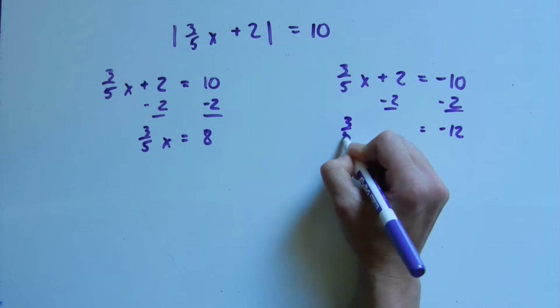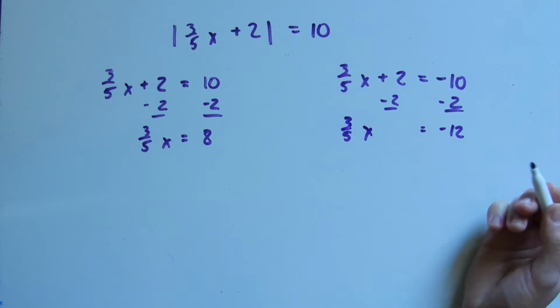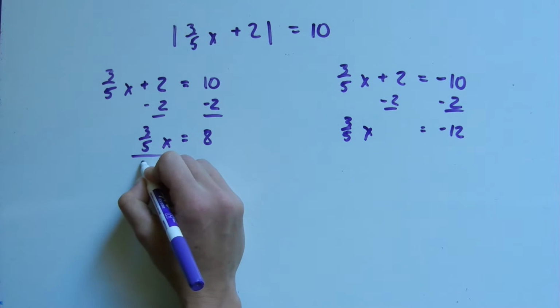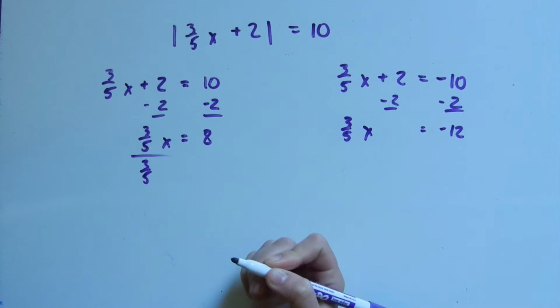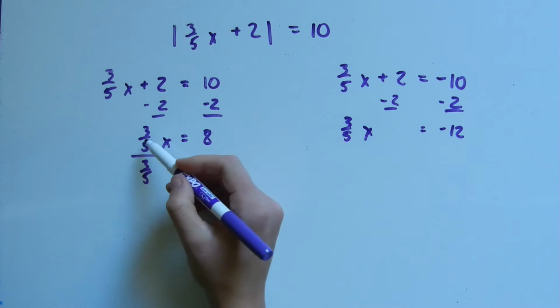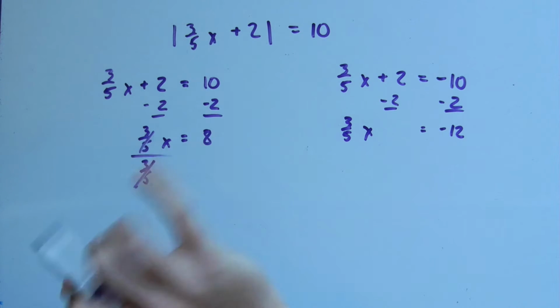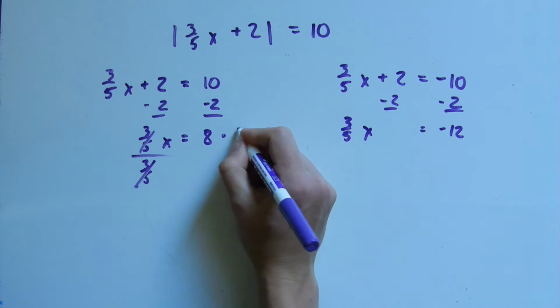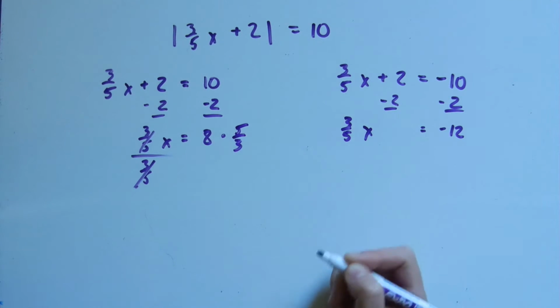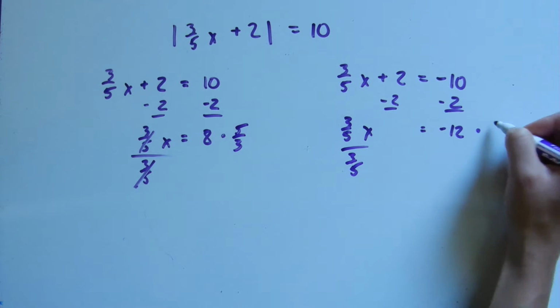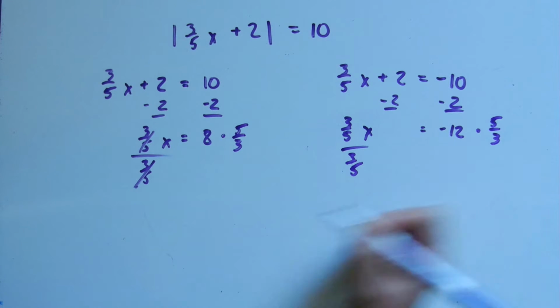So 3/5 x is equal to negative 12. Now we're going to divide both sides by 3/5. But remember, dividing by 3/5 is the same as multiplying by that reciprocal of 5/3.